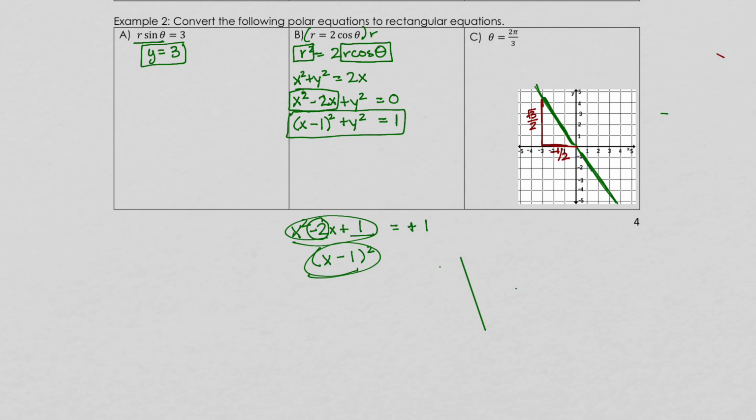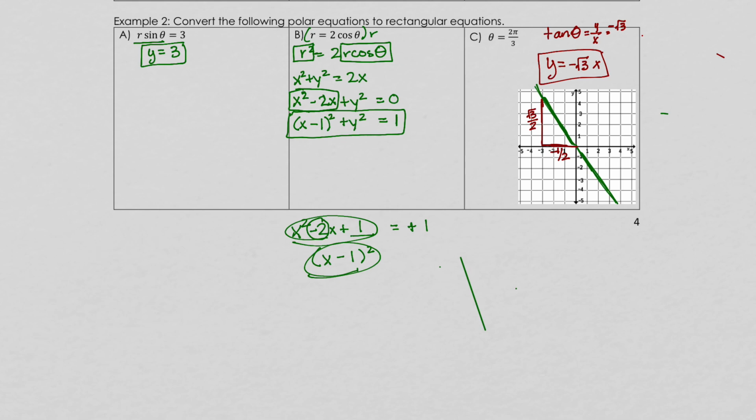Well, we can figure out our slope this way, okay? So tangent theta, remember, is y over x, so it's square root of 3 over 2 over a negative 1 over 2. So it's negative square root of 3. So that is our slope right there, okay? So equation of a line, y equals negative square root of 3 times x.